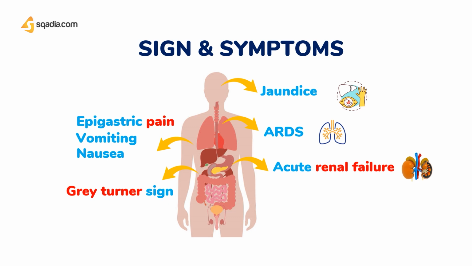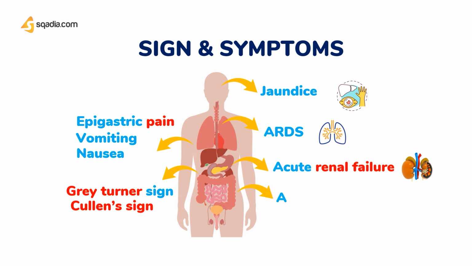There will be bluish discoloration of the flanks, that is called Gray-Turner sign, or there can be bluish discoloration or ecchymosis around the umbilicus. That peri-umbilical bruising is called Cullen sign. So Gray-Turner sign and Cullen sign are the important signs which point to hemorrhagic pancreatitis.